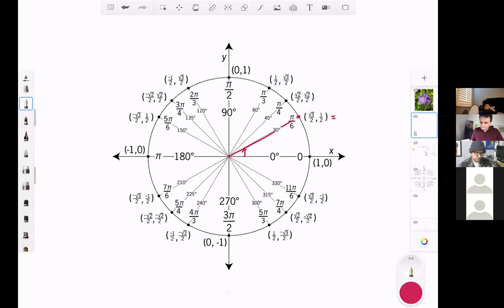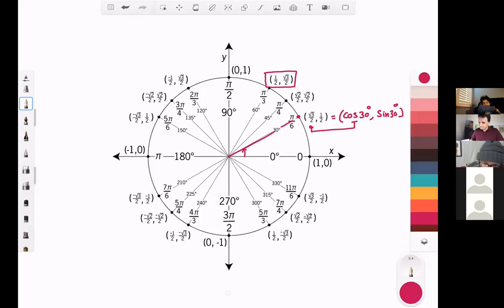We have cosine of 30 degrees, comma, sine of 30 degrees. Cosine of 30 degrees is radical 3/2, and sine of 30 is 1/2. We have exactly the same numbers, 1/2 and radical 3/2, here, but they changed.